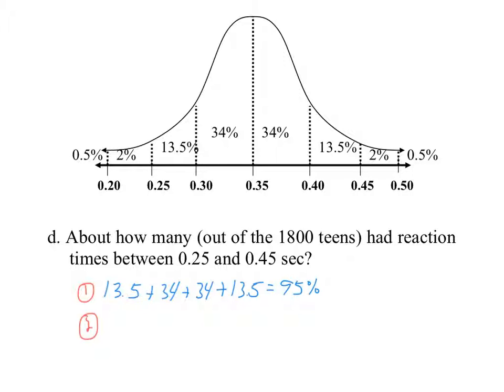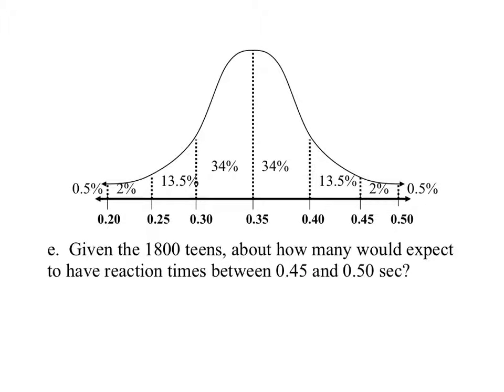So we have 95% of the data within this range, 0.25 and 0.45 seconds. And then we're going to take 1,800 and multiply that by 0.95, because every time we're working in an equation, you always change your percent to a decimal, and that will give us about 1,710 teens that have those reaction times.